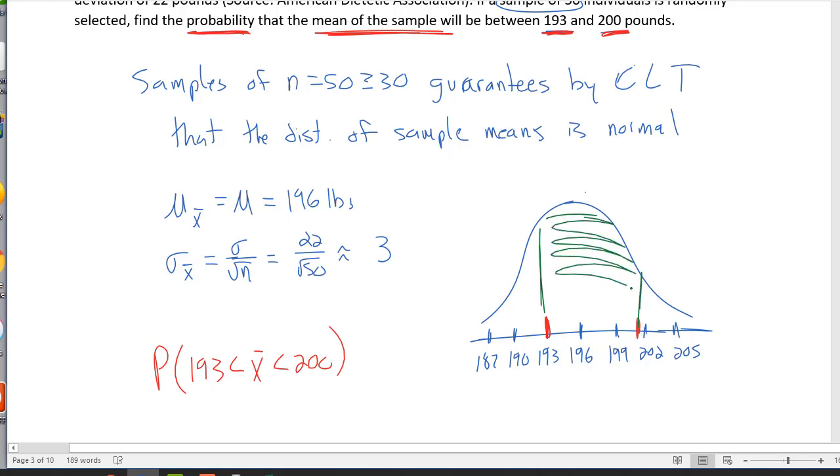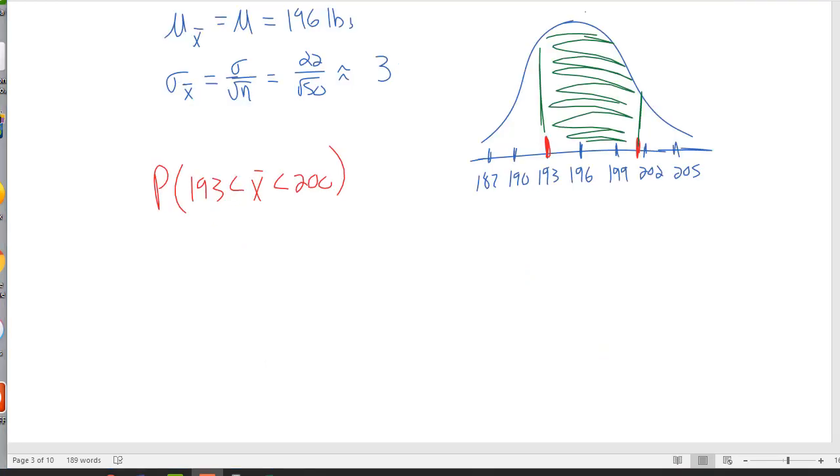I'm finding the area under the curve between those two bounds. If I do this by hand using the standard normal table, I have to find the probability that my sample mean is at 200, which gives me the cumulative area all the way down, and then I have to subtract out the probability that my mean is less than 193.